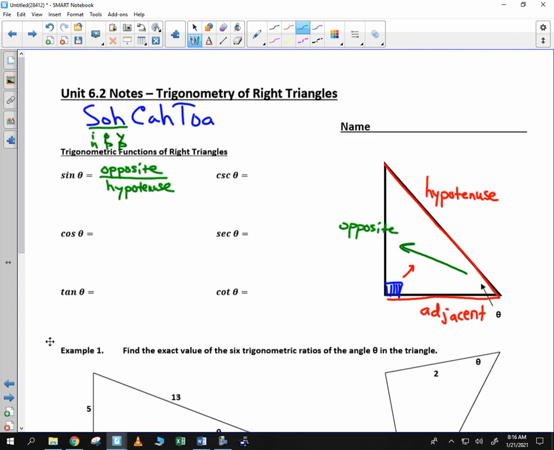So you can see the SOH and how it fits there. Cosine is the adjacent divided by the hypotenuse.